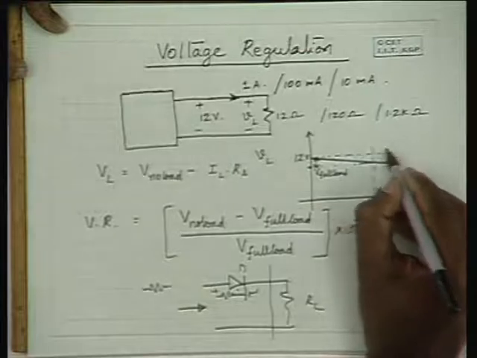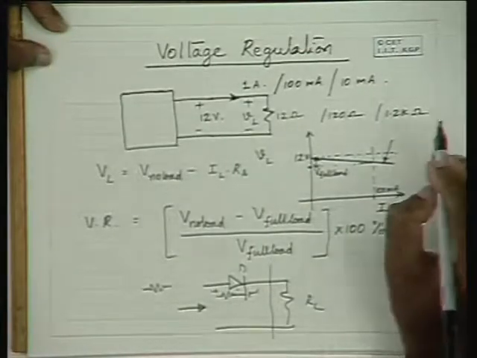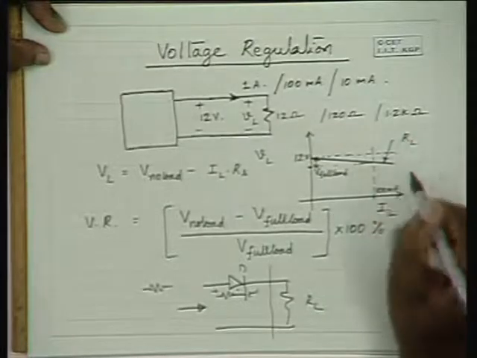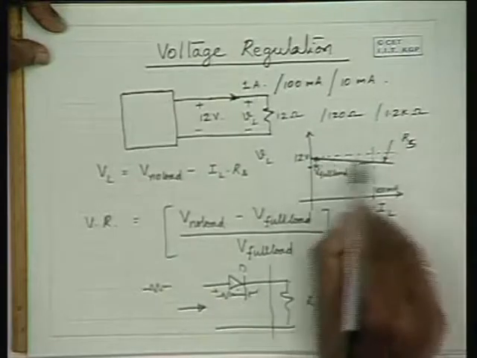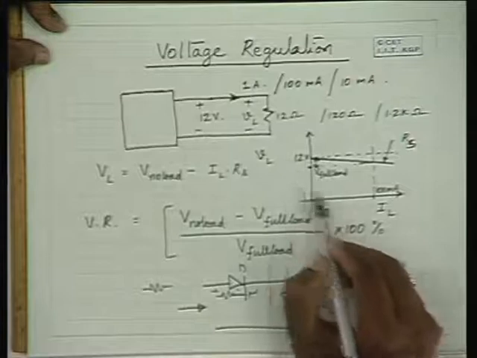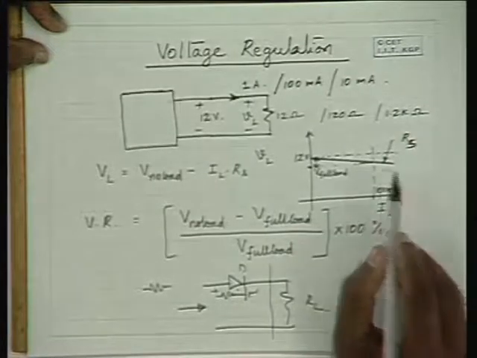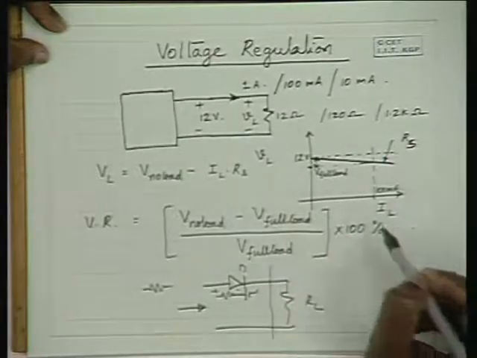And what is the slope of this curve? The slope of this is RS. Please note that voltage is on the y-axis and current is on the x-axis. Slope is voltage divided by current, derivative of the voltage divided by derivative of the current.